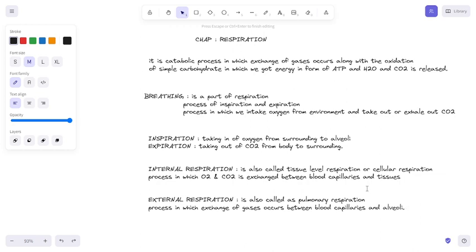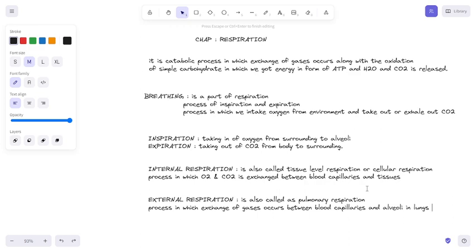So the process in which exchange of gases occurs between the blood capillaries and the alveoli in the lungs is defined as external respiration. The exchange of gases between tissues and blood capillaries is called internal respiration, and the exchange of gases between blood capillaries or pulmonary capillaries and alveoli in lungs is called external respiration.